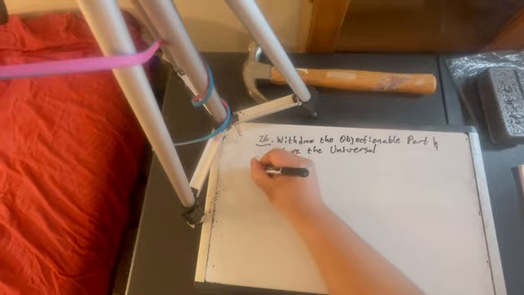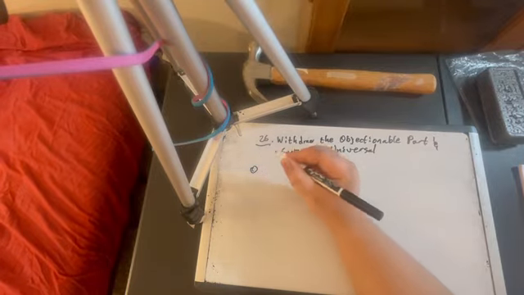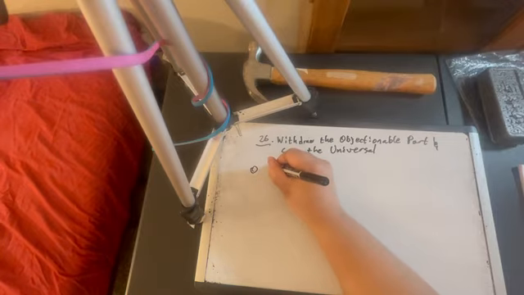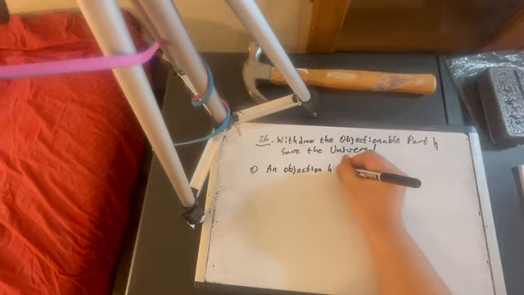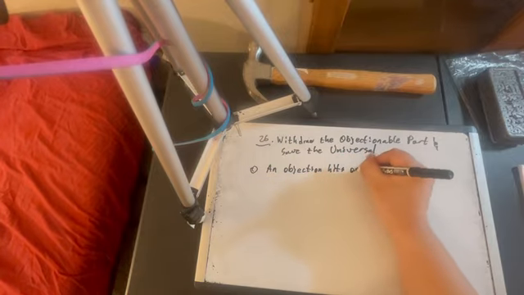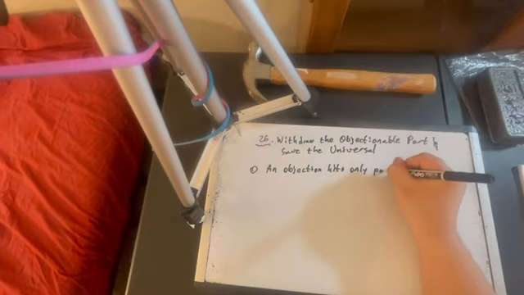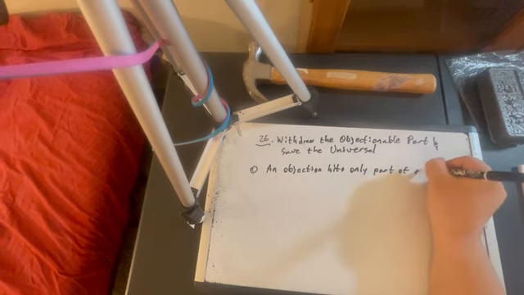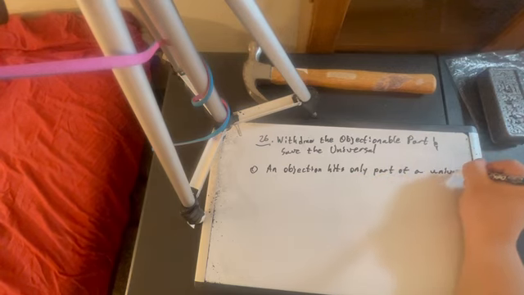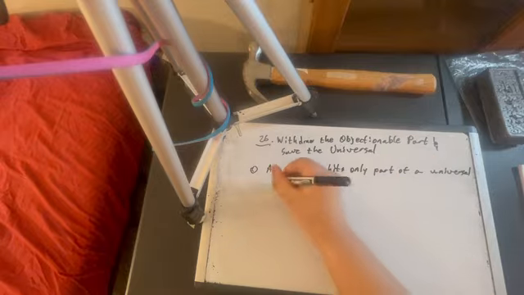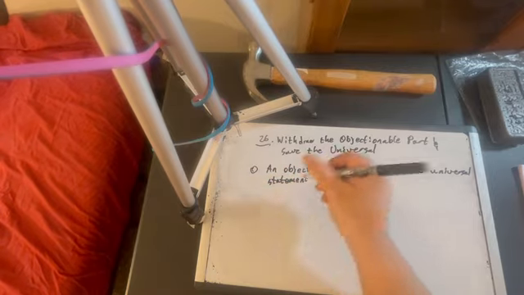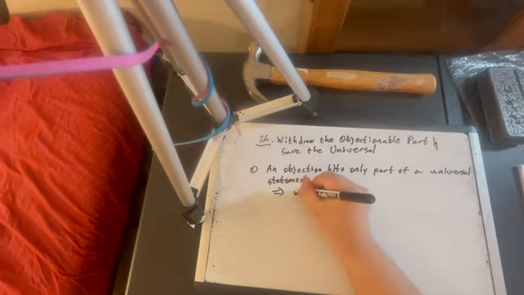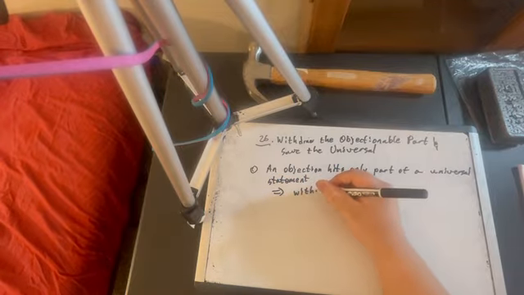So, if an objection hits only part of a universal statement, then withdraw that part and restate the remainder.